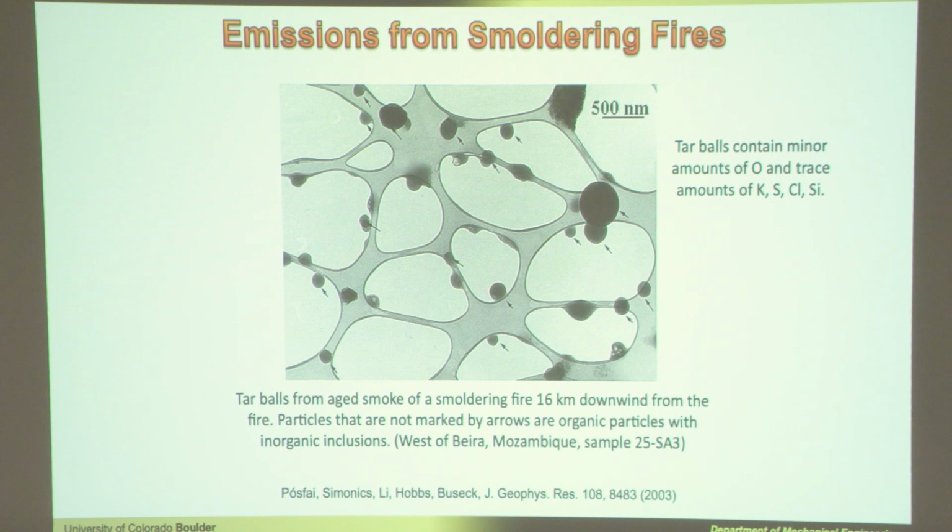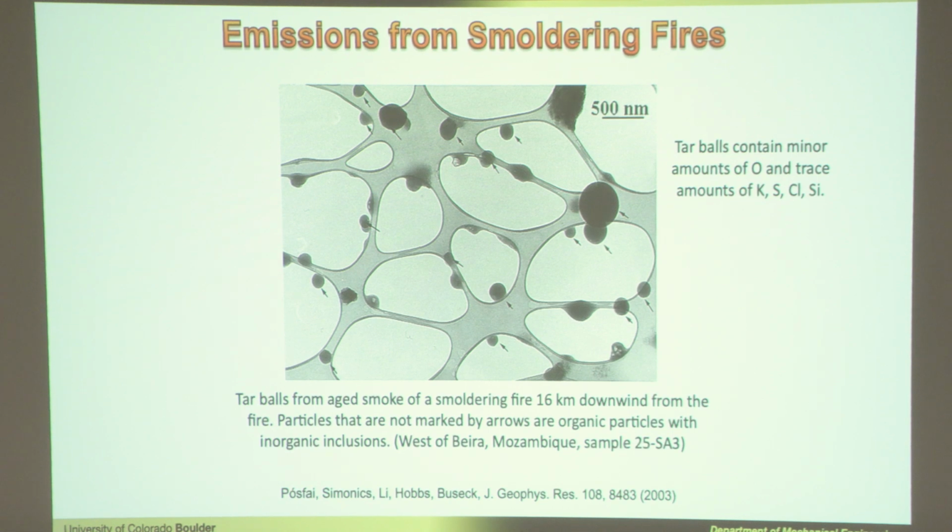So what do the emissions look like? This is what emissions look like from a smoldering fire, right? I was talking about tar balls, and I just find this really fascinating. From a smoldering fire, you're not going through a flame front. We've been talking about this for the last 2 days: if you're not going through a flame front, you're not getting mature particles, right?